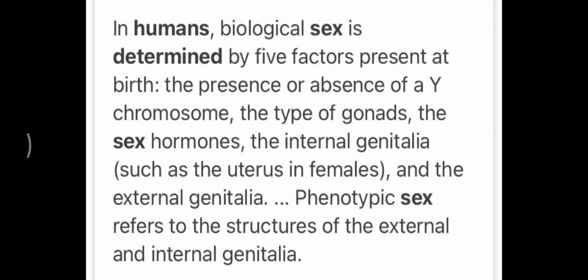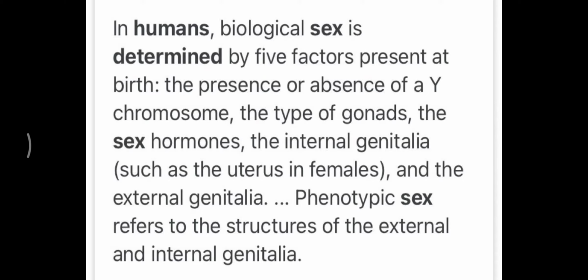At the level of genetics or chromosomes, we have 23 pairs of chromosomes, out of which 22 pairs are similar in both male and female, and these similar chromosomes are called autosomes.